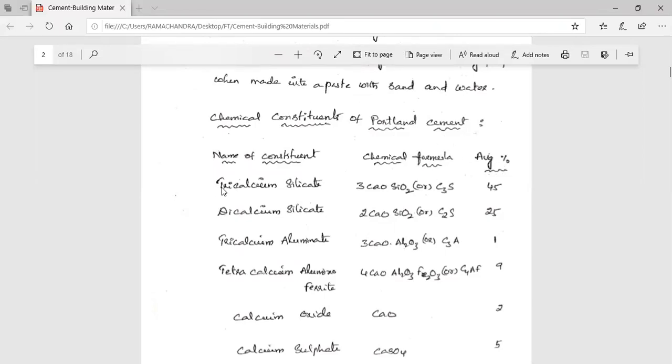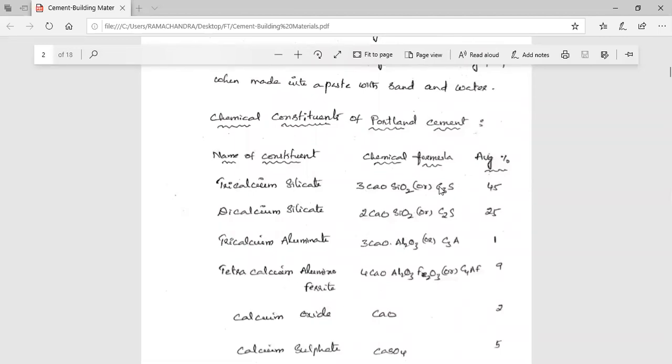First, tricalcium silicate. The chemical formula is 3CaO.SiO2. Generally we express tricalcium silicate as C3S.